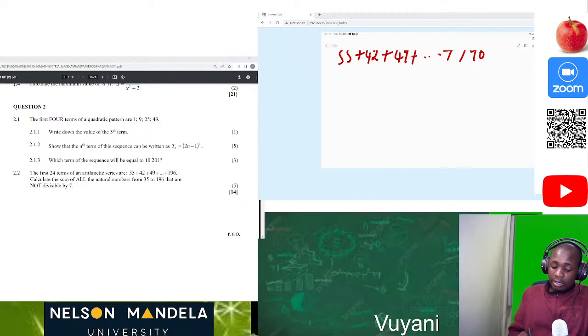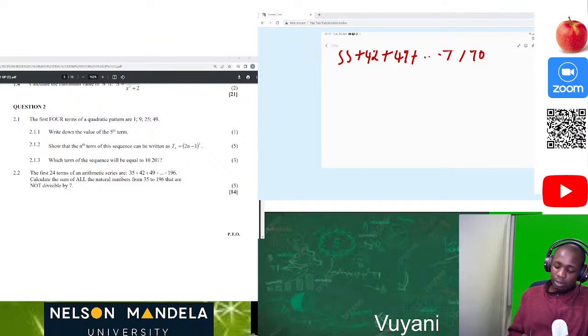So now Sn will be equal to n over 2 times (a plus l). So it's going to be 162 divided by 2, then we have our a to be 35 and our last term is 196, yes.